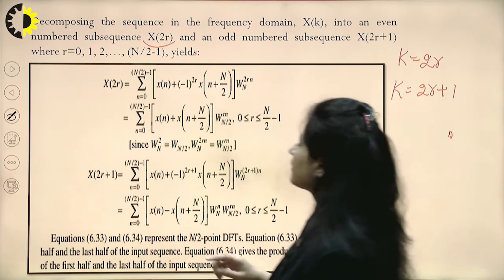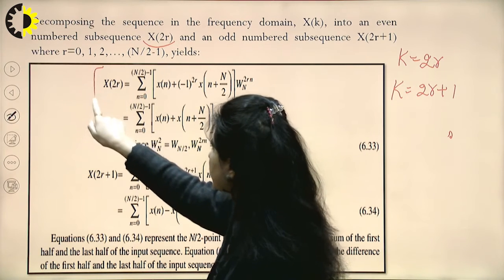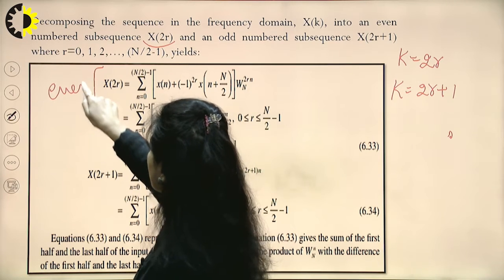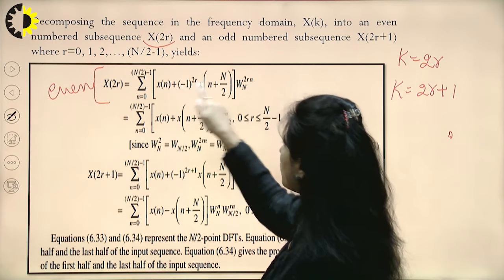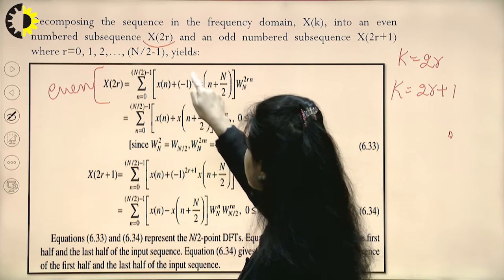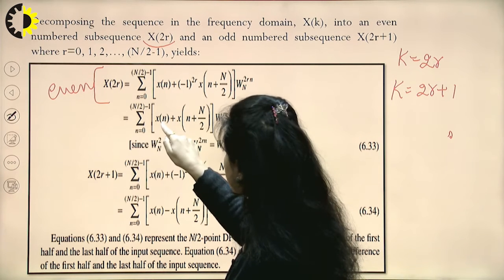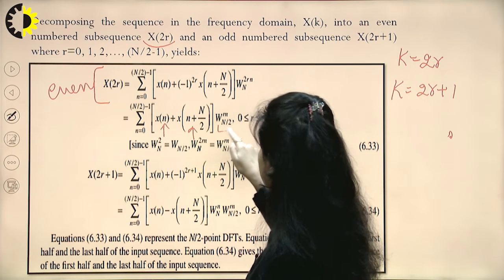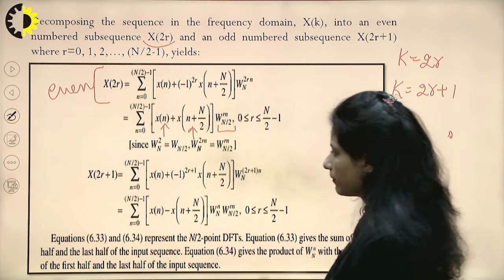So putting these values in the previous equation, if I solve for k equal to 2r, that is even value of k, the summation would open up like this, this minus 1 would become positive. So all the samples of the sequence would get added, weighted by W_(N/2) raised to the power nr.